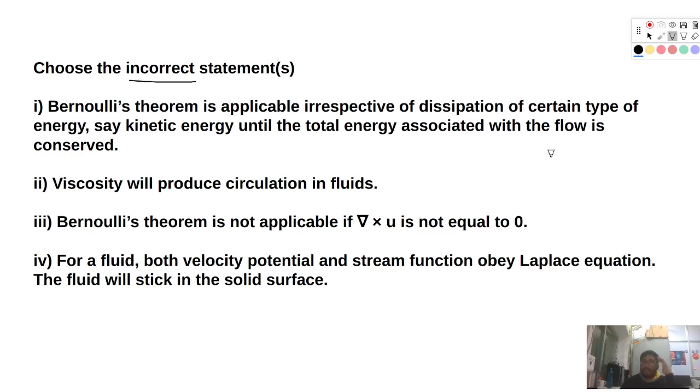The way we write it is half v square, which is per unit volume, plus the pressure head dp by rho plus some phi. This should be a constant.